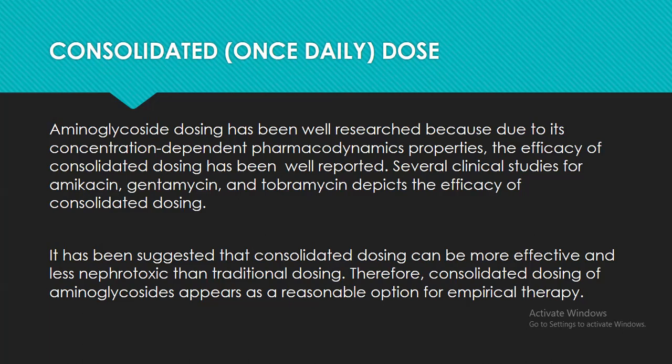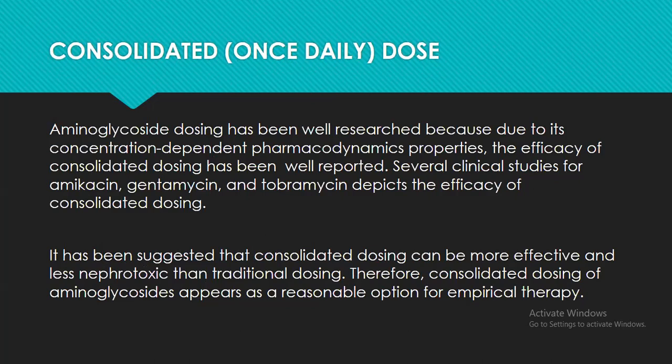Now, this is important: consolidated dosing has shown positive results, and it has been shown to improve the efficacy of the drugs. It has also been suggested that consolidated dosing can be even more effective and less nephrotoxic as well.